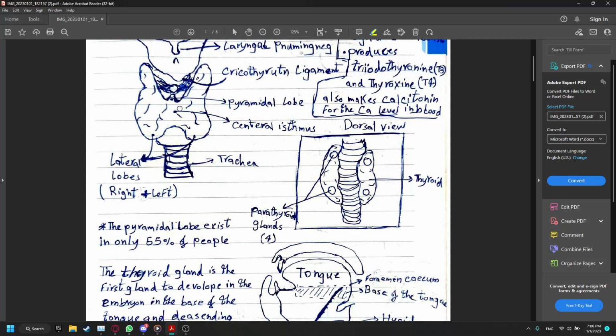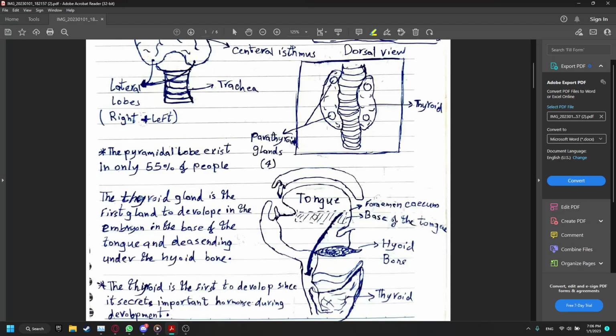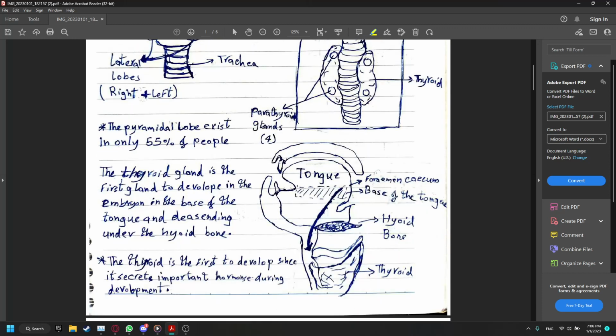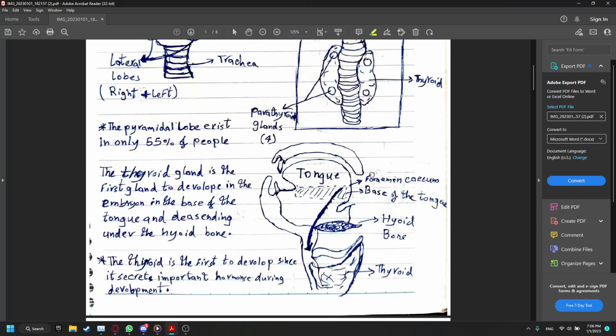The thyroid gland is literally the very first gland to ever develop in the body. Why is that? Because of the important functions of the thyroid gland. It's mainly important for metabolism, which is important for the growth of the embryo, and it starts developing in the foramen cecum, which is literally at the base of the tongue here.